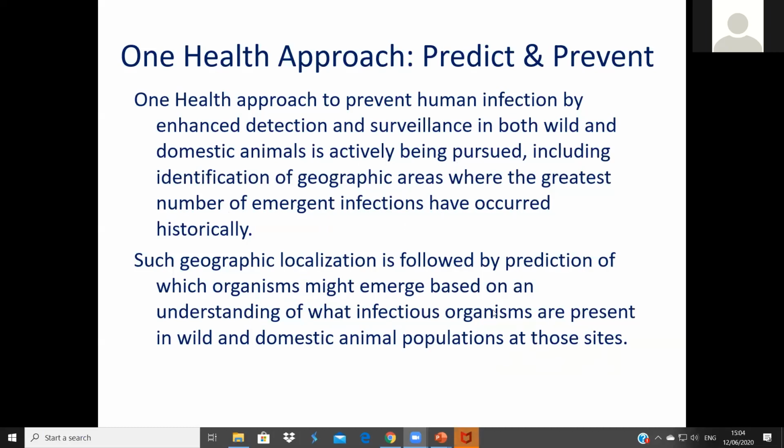Now, I'll give you an example of zoonotic TB. For many years, we believed that Mycobacterium bovis is the cause of zoonotic TB, and we always reported Mycobacterium bovis.